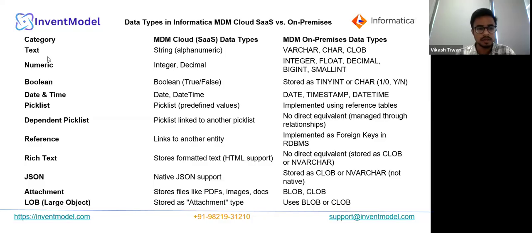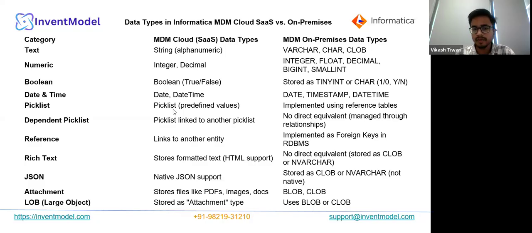Boolean means true, false. It is stored as tiny integers, or char, in on-premises. For date and time, we use date and date time, but in on-premises we use date, timestamp, and date time.